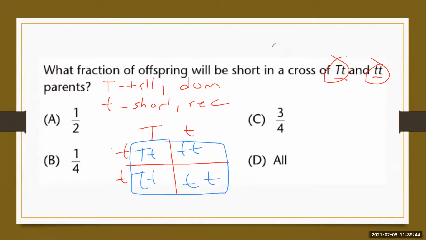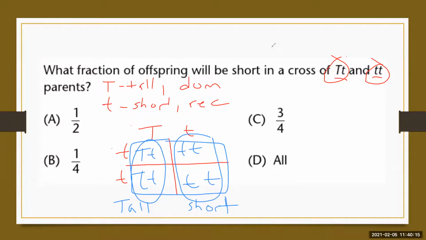So when you're doing just a single trait, it looks like this. Just remember, if you have a big T, you're automatically going to be tall because you have the dominant trait. However, you're also a carrier for being short, even though you're not short yourself. That's a big thing to recognize. The only way to be short is if both your alleles are short.